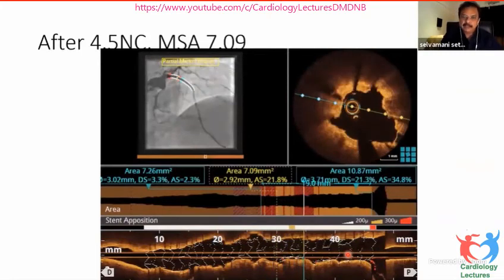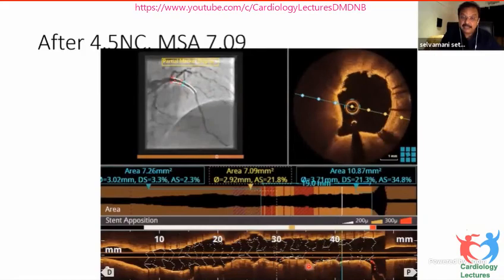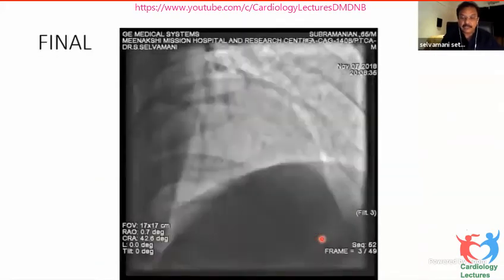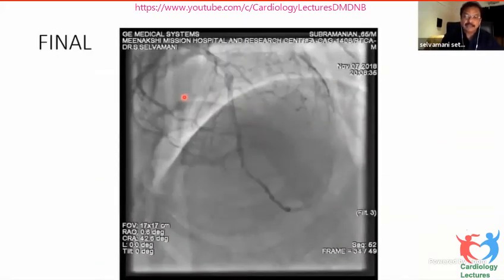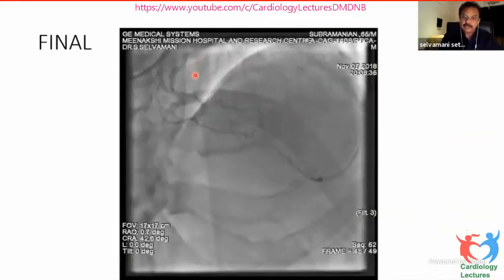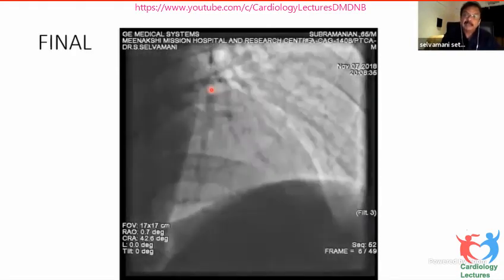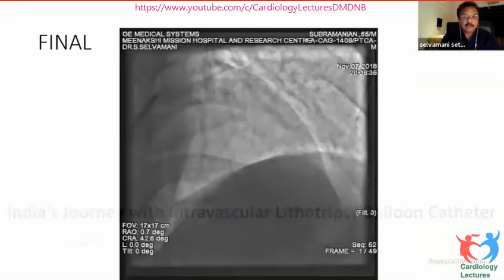With imaging, many times it's useful where you can use even a 4.5 NC in an LAD, which otherwise I don't think anybody will do. So this is the final result with excellent position, no malapposition, no dissection, no complications, with excellent TIMI 3 flow.